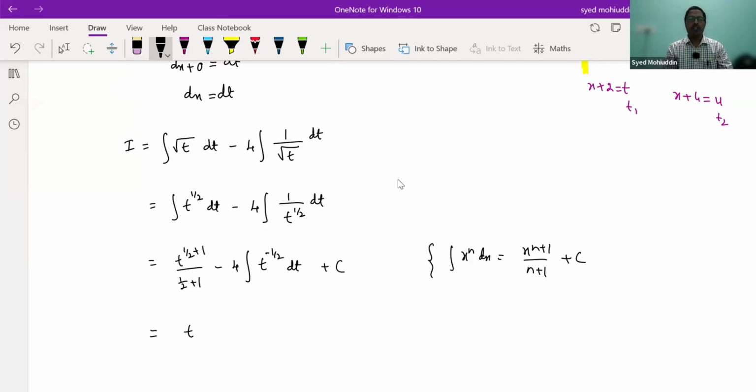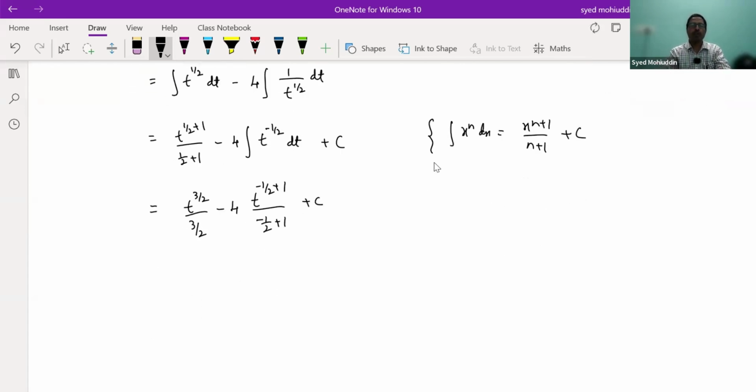Therefore, t power of half plus 1 will give you 3 by 2, divided by 3 by 2, minus 4 times. Once again, you can use the same formula, whether the power n is positive or negative. Here the t power n value is minus half, so it is t power of n plus 1 divided by n plus 1, plus the constant c.